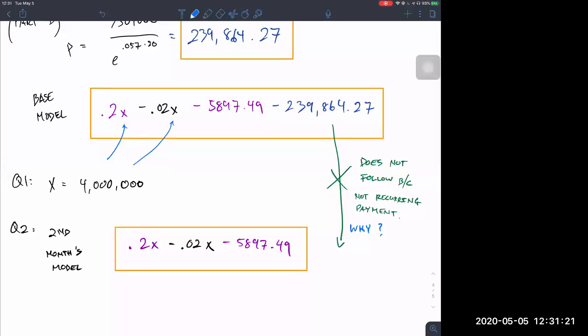I thought it was 20 years. You thought that the investment's for 20 years? Yeah. It is. So the question says that you want to deposit so that you make that money in 20 years.